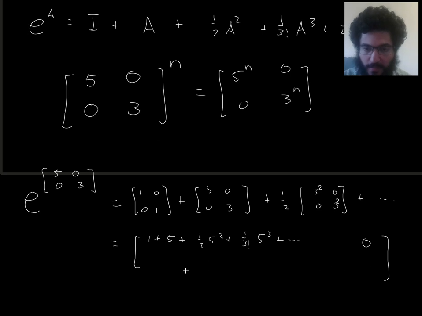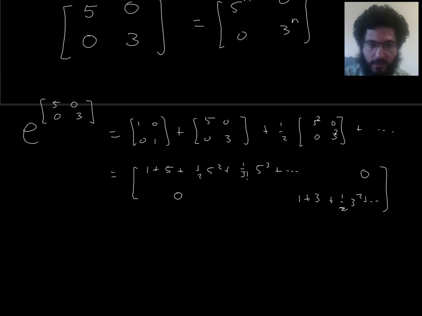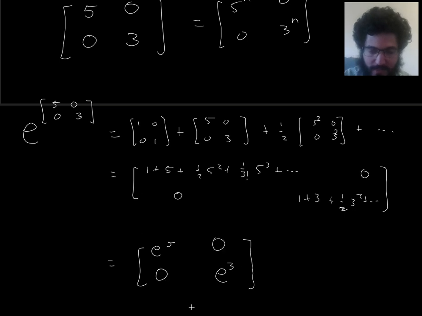So it's just a bunch of zeros. And then the bottom left entry is a bunch of zeros. And the bottom right entry, you can see, is 1 plus 3 plus 1/2 3 squared, and so on. So the top left and bottom right entries are these infinite sums. And these infinite sums are actually just ways of writing e to the 5, and the infinite sum down there is e to the 3. You see?